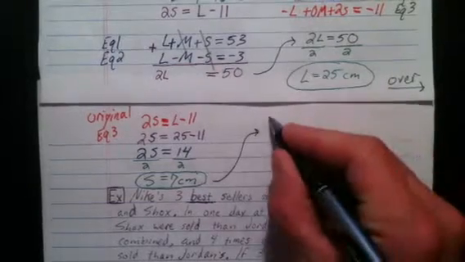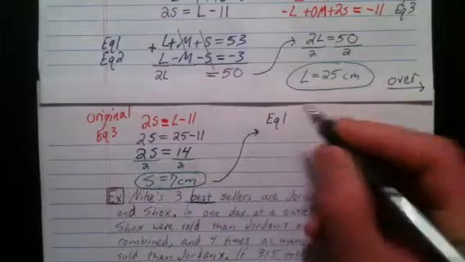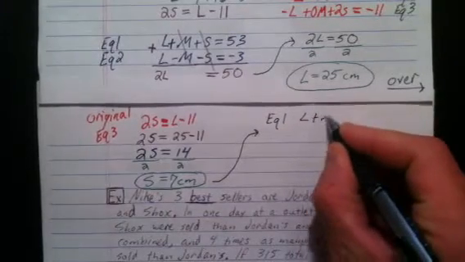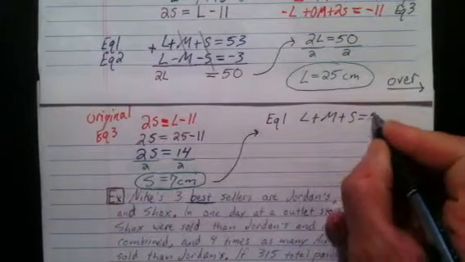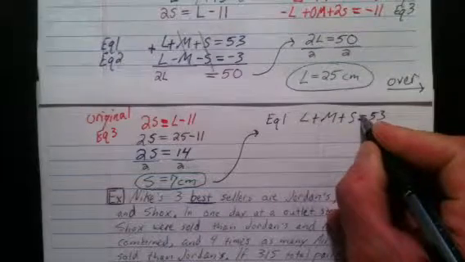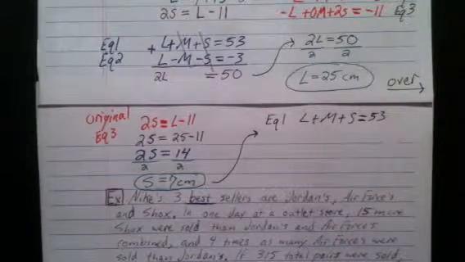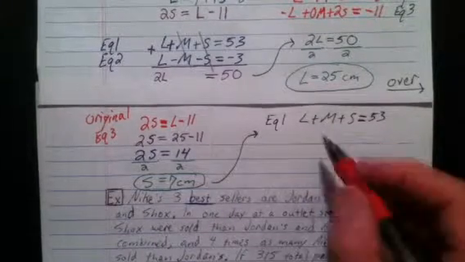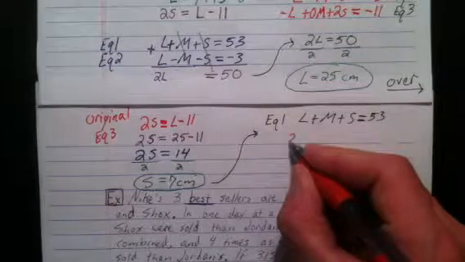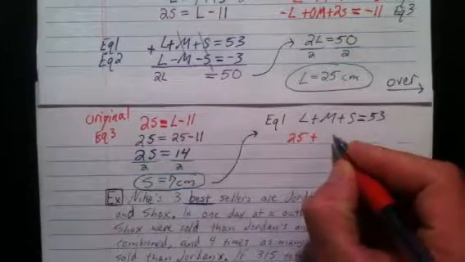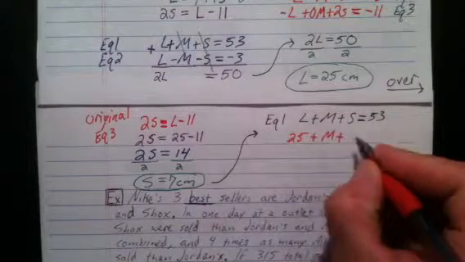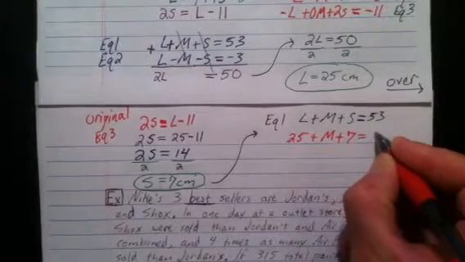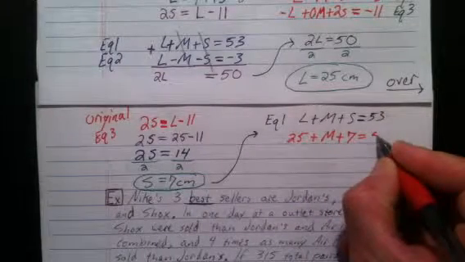So we'll call that equation 1. Okay, long plus medium plus short equals 53. This is now going to allow us to find the medium side. So our long side was 25. Our medium side was, we don't know. Our short side is 7. It's all got to add up to 53.